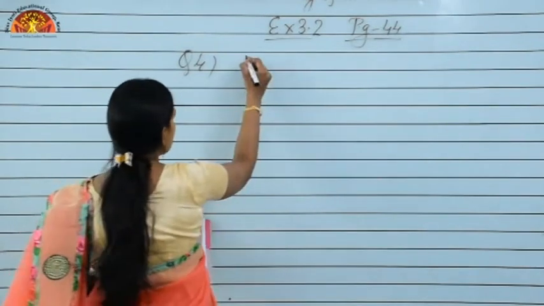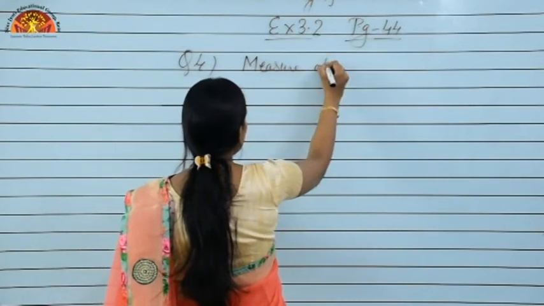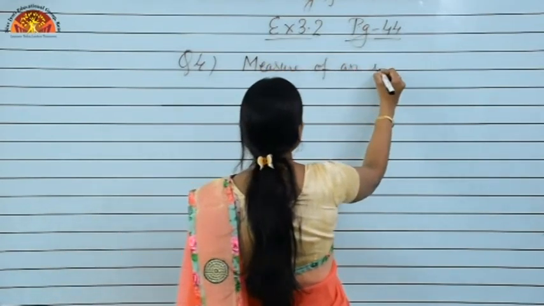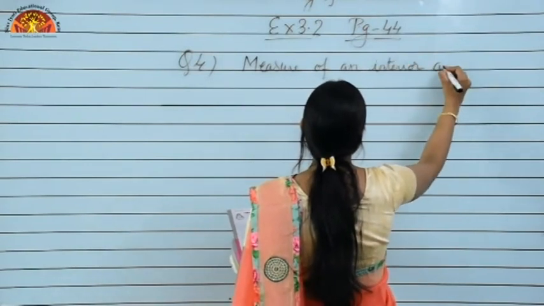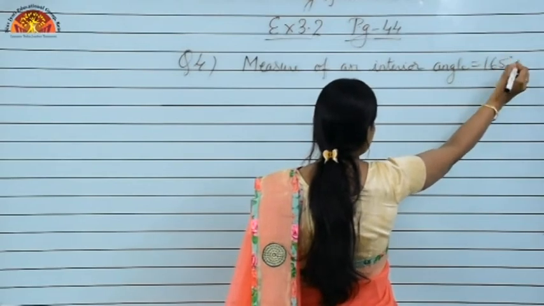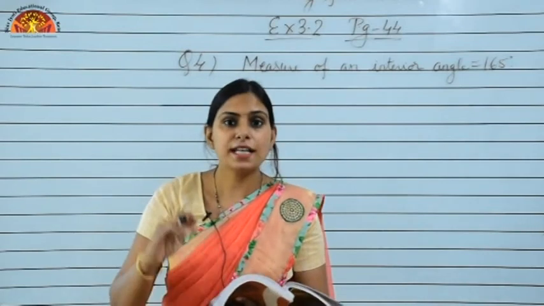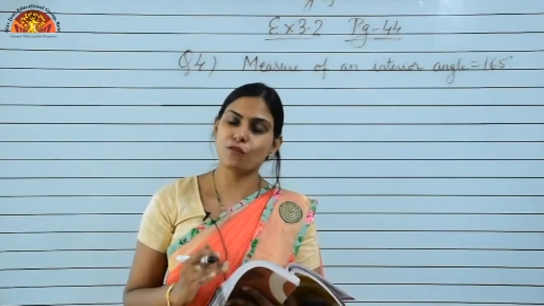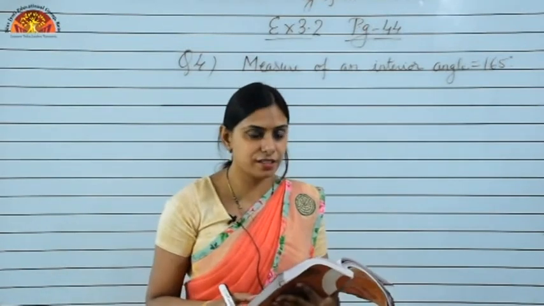So what is given? First of all, we will write that the measure of an interior angle is equal to 165 degree. Now as you have to find the number of sides of a regular polygon, that means you have to find the measure of the exterior angle.